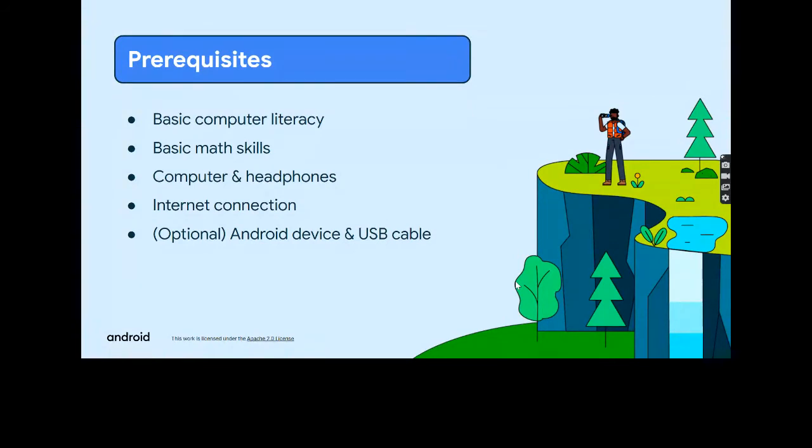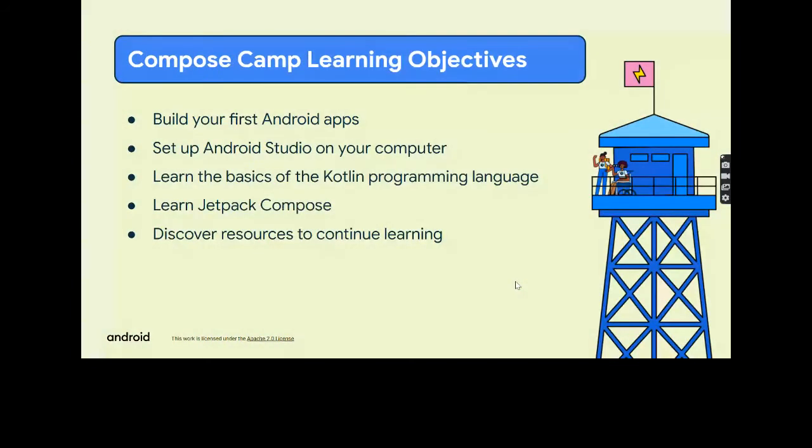So these are the basic prerequisites, and the main learning objectives of Compose Camp, or why you should take up this Compose Camp, are that you will understand Android basics, and you will create your first Android app if you haven't created any. You can also learn the basics of the Kotlin programming language here, because they'll majorly be focusing on Kotlin.